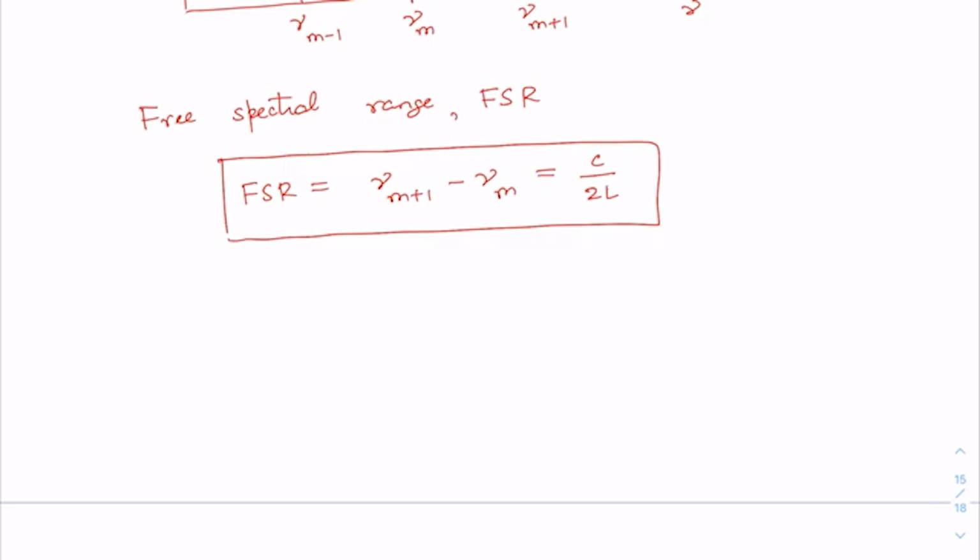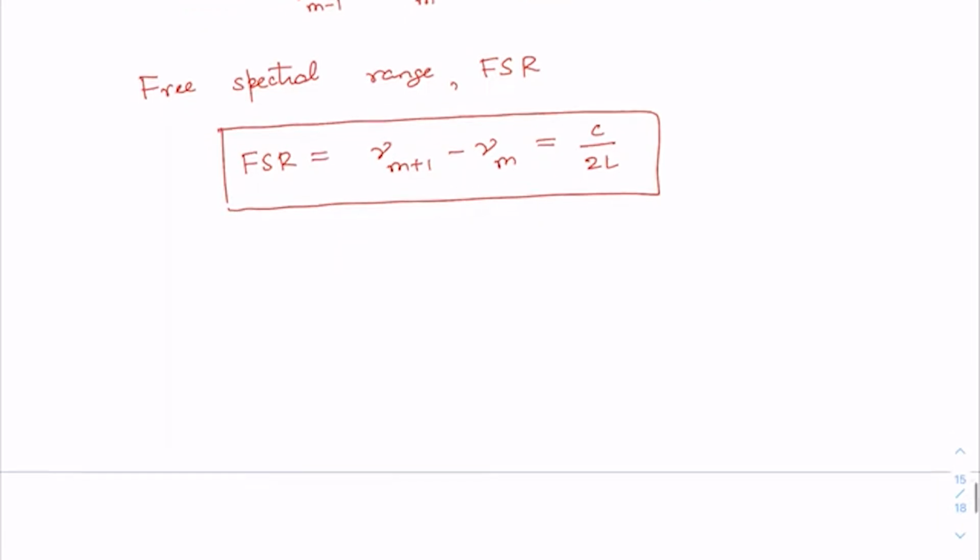Now, real cavities involve some loss of light on each round trip, and this loss actually damps the amplitude in the cavity. So let us consider this cavity again.